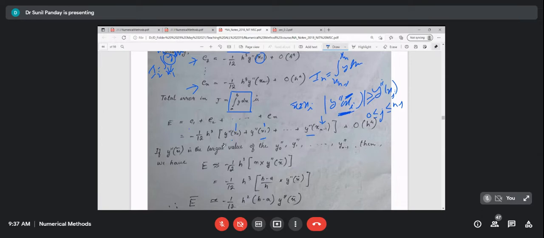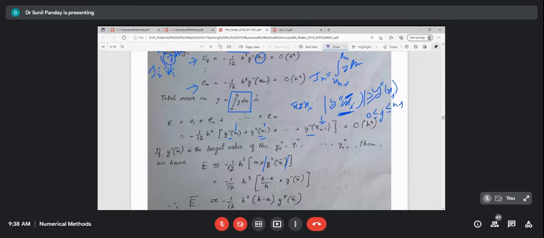So what I did: minus 1 upon 12 h cube is there, and I replaced them by the maximum error. So I have to write the maximum error, absolute of y double dash of x bar.